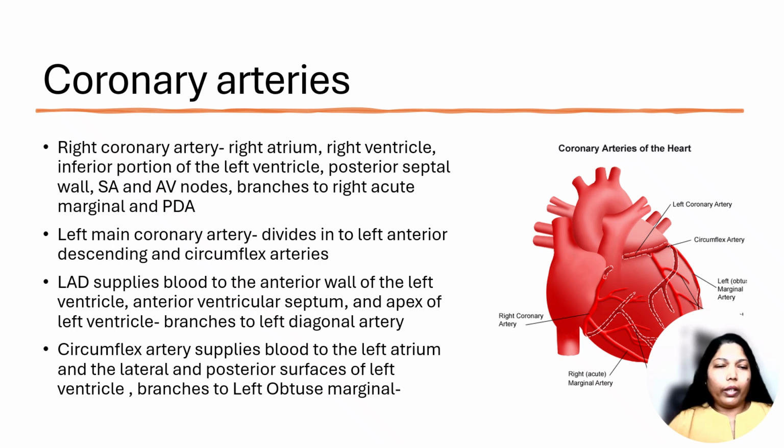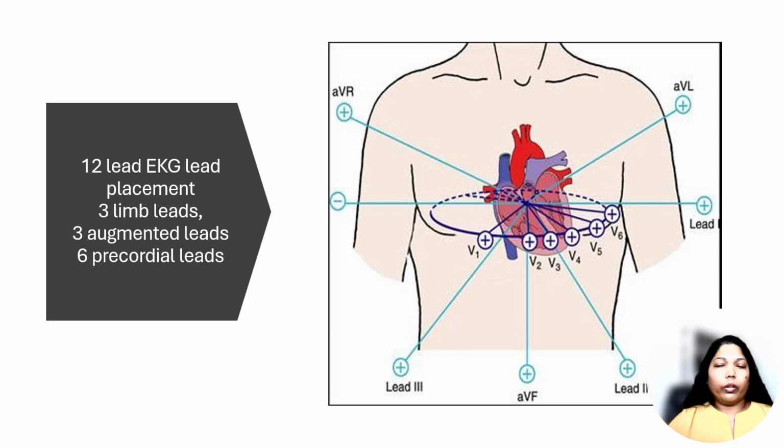So to understand the location of MI, we need to understand the 12 lead EKG placement. When it comes to 12 lead EKG leads, there are three limb leads: lead 1, lead 2 and lead 3.